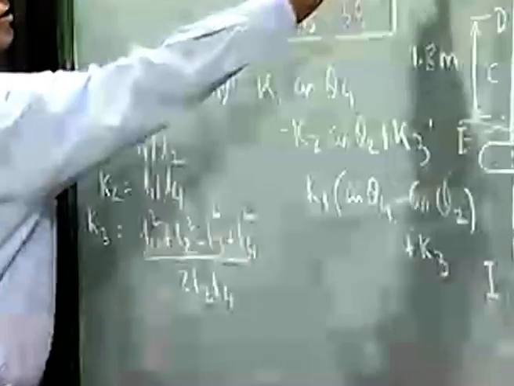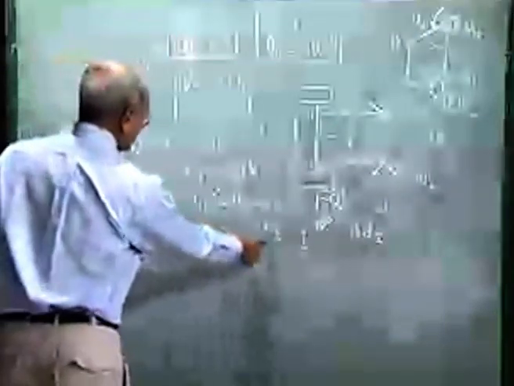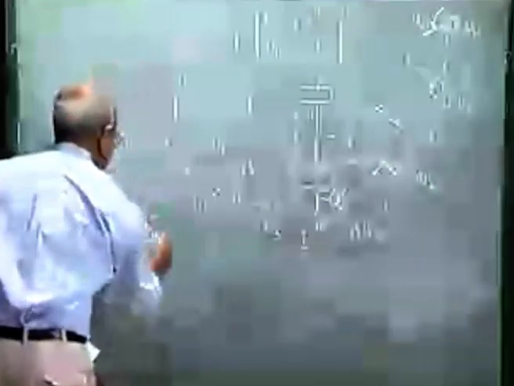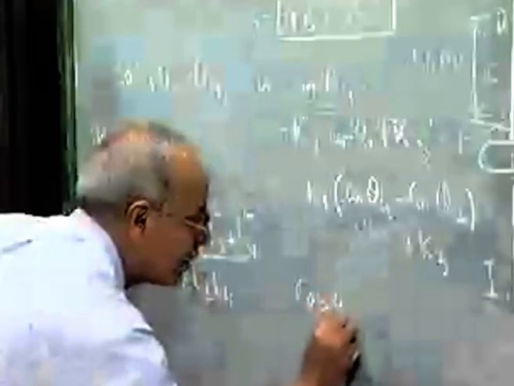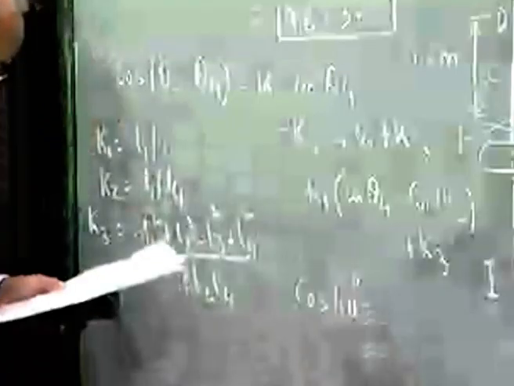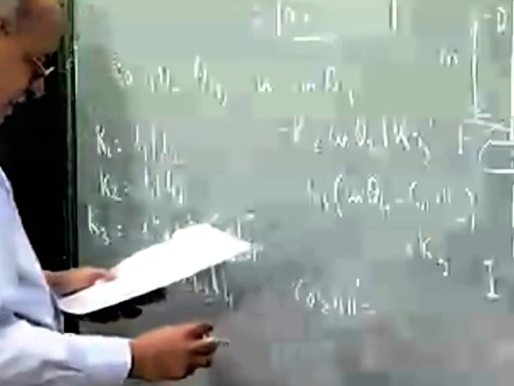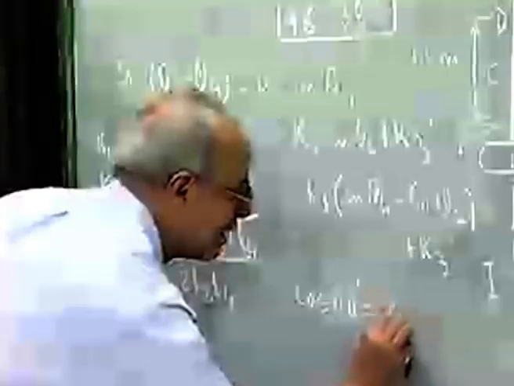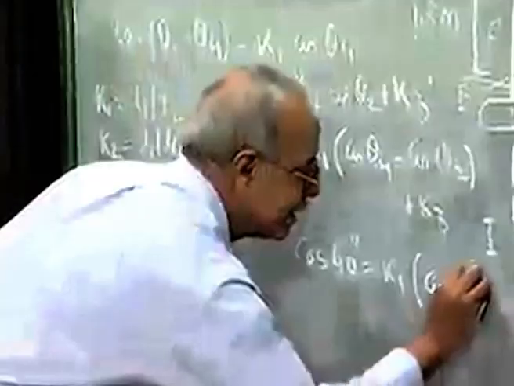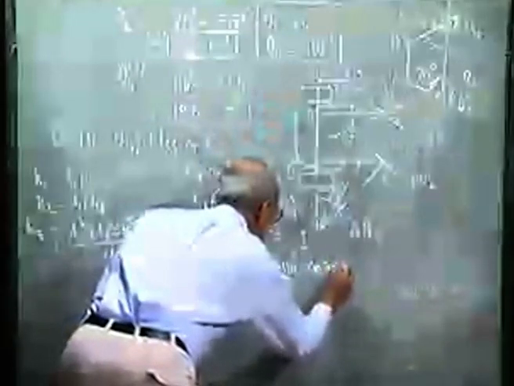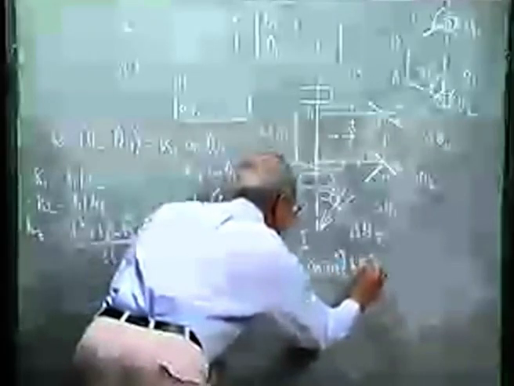And these two pairs of movements have to be satisfied by this equation. So if we substitute, we get two equations to solve for K1 and K3. If I substitute here, I am getting cosine 40 degree is K1 (cosine 110 degree minus cosine 70 degree) plus K3.